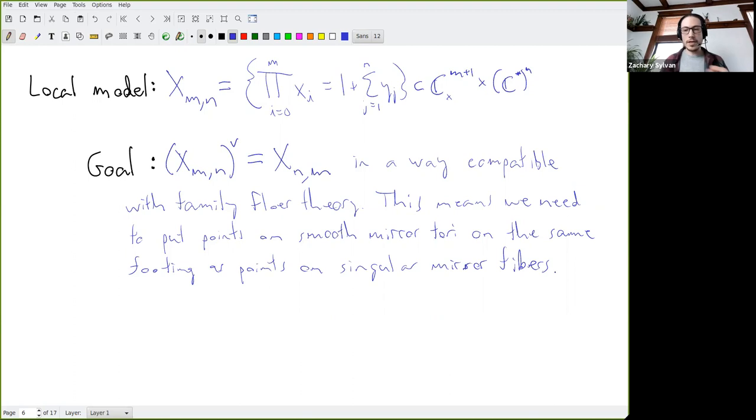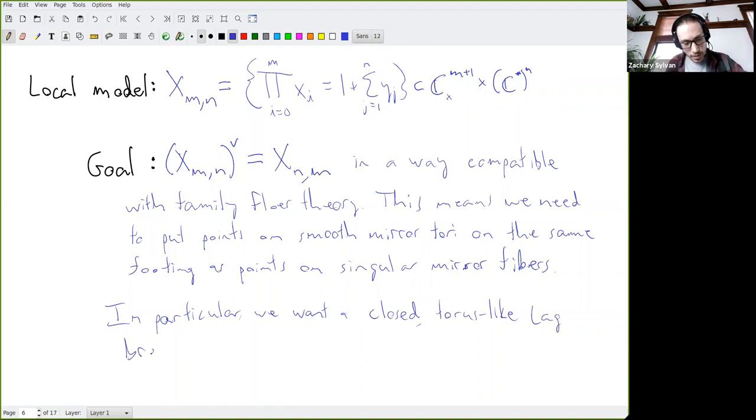Okay. In particular, we'd better be able to cook up point-like objects. We want a closed torus-like Lagrangian brane, closed and torus-like, for each point on the mirror.